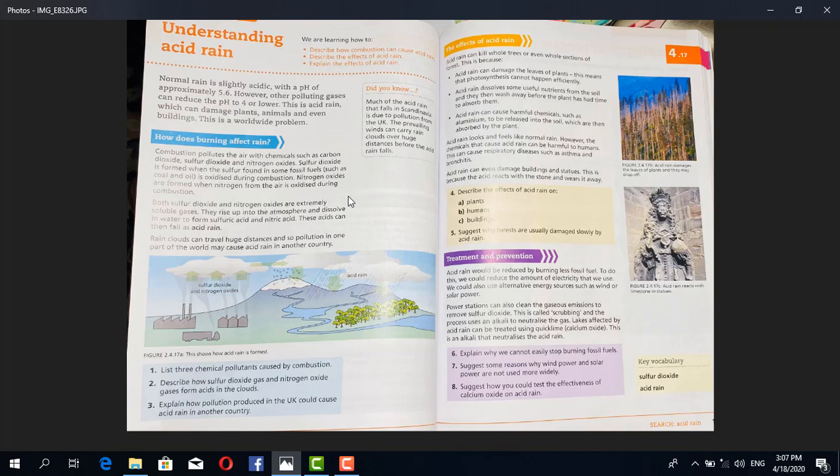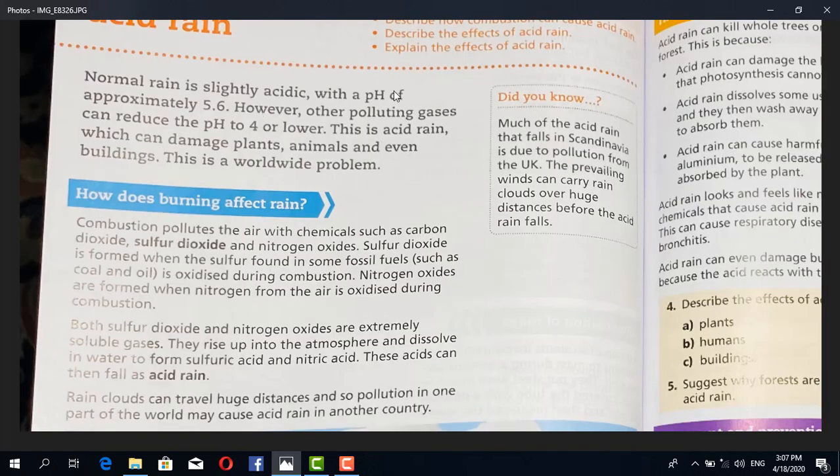And when it does, it has a major effect on humans, plants, and animals. Normal rain is slightly acidic, but other polluting gases can reduce its pH to 4 or lower. This is acid rain, which can damage plants, animals, and even buildings, and it's a worldwide problem.